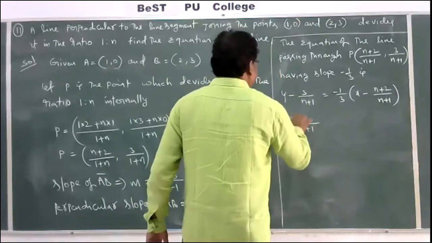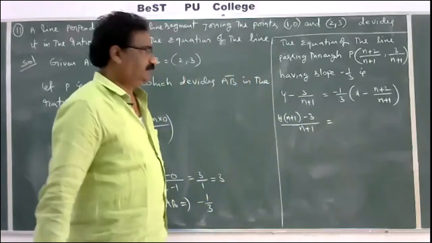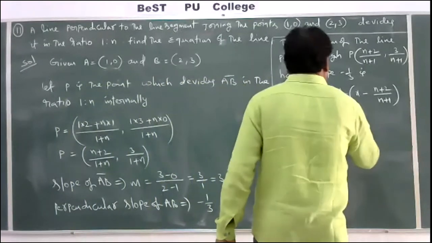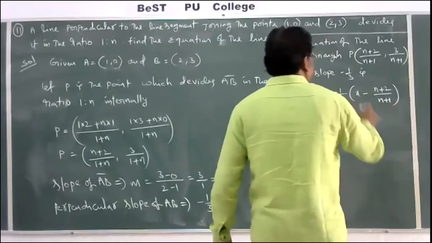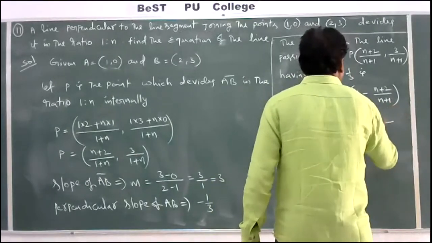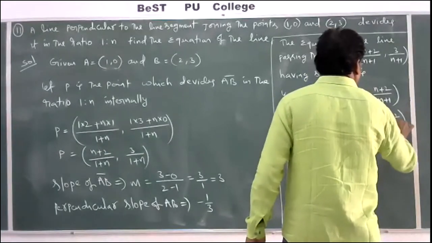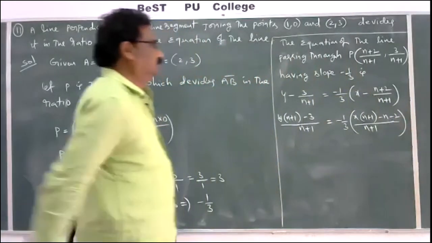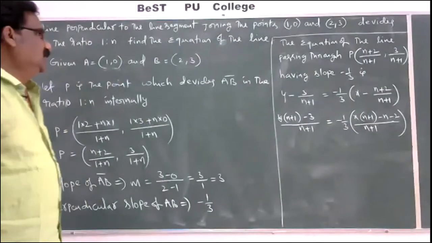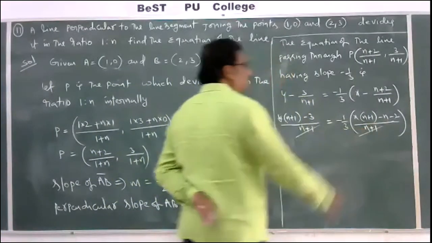Y into n plus 1 minus 3 is equal to minus 1 by 3 into, in the bracket, n plus 1 is the LCM, that is x into n plus 1 minus n minus 2. So both side denominators n plus 1 cancel.